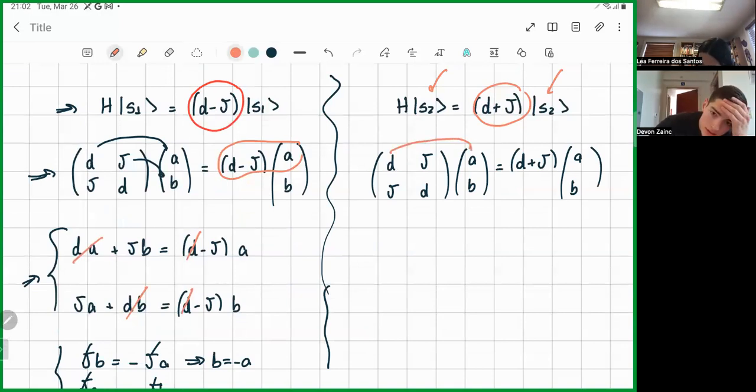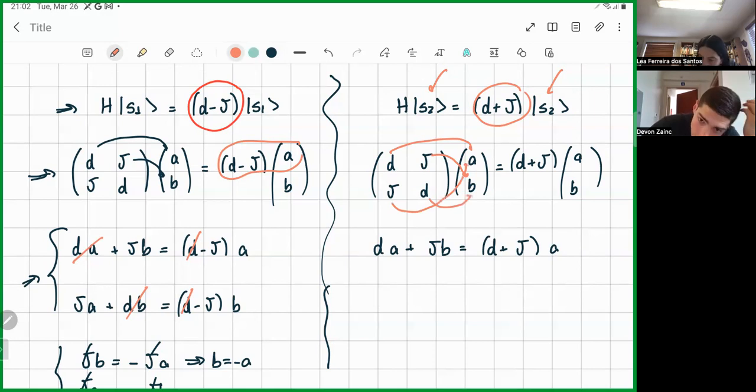So let's go now. D multiplied by A plus J multiplied by B is the first line. The second line, D multiplied by A plus D multiplied by B. Okay.